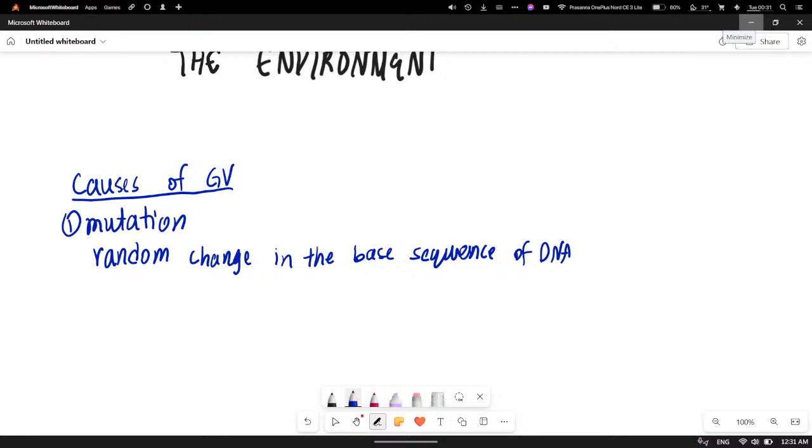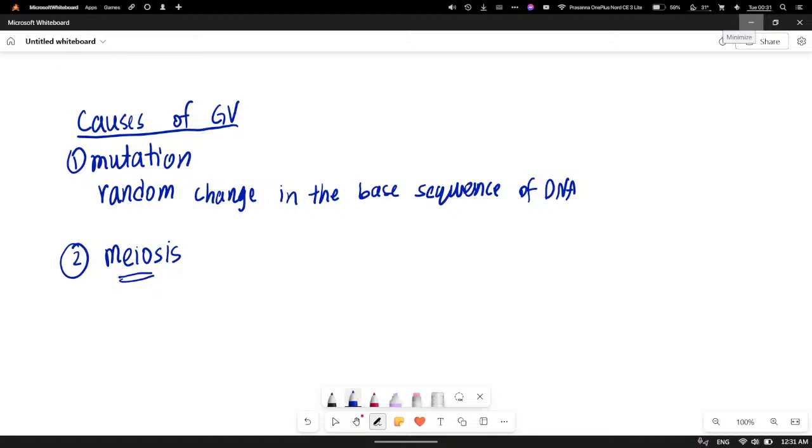Then we move on to meiosis. We talked about meiosis. Meiosis was the nuclear division of a cell which produces genetically different daughter cells, right? During sexual reproduction, gametes are formed by meiosis. In meiosis, pairs of homologous chromosomes exchange genes and separate from one another.